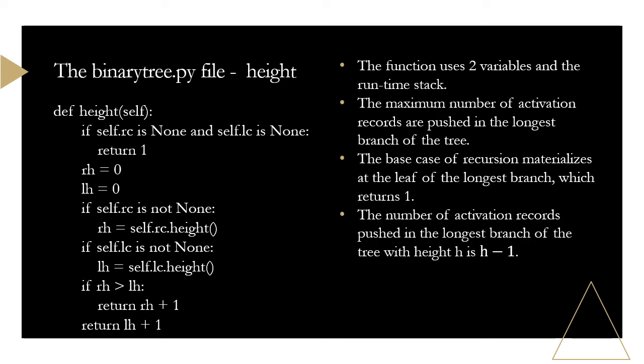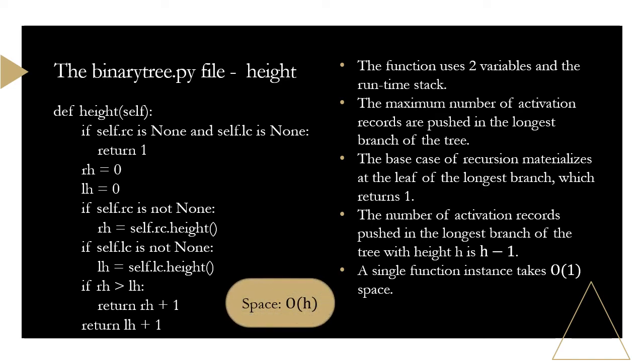The number of activation records pushed in the longest branch of a tree whose height is h is h minus 1. A single function instance takes O(1) space because it uses only two variables. From this we can deduce that space taken by the whole recursion is O(h).